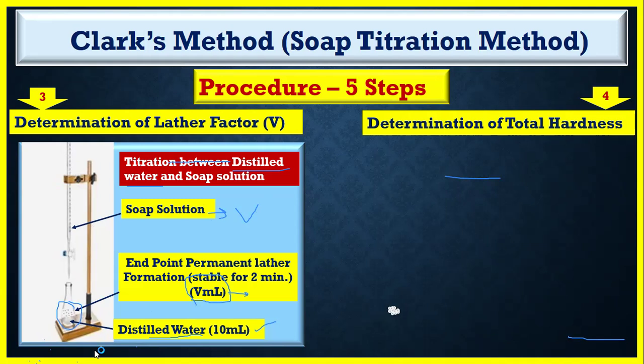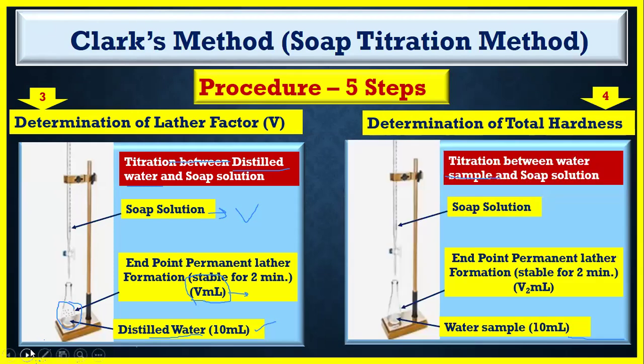Now, the next step of this titration is the determination of the total hardness. To determine the total hardness, we titrate the soap solution with the water sample in which hardness is to be determined. Soap solution is taken in the burette and in the conical flask, 10 ml of water sample is taken. Titration is carried out with the same procedure till the end point.